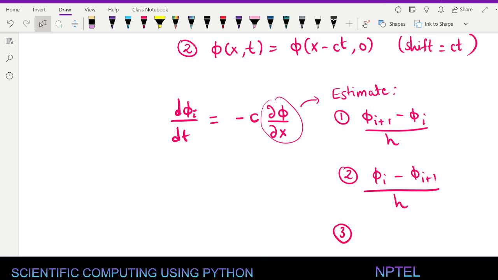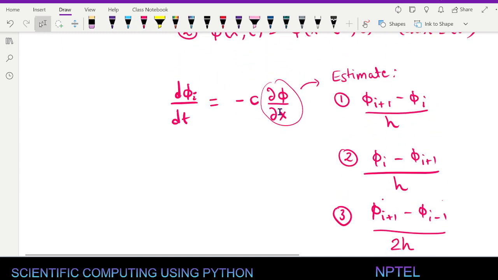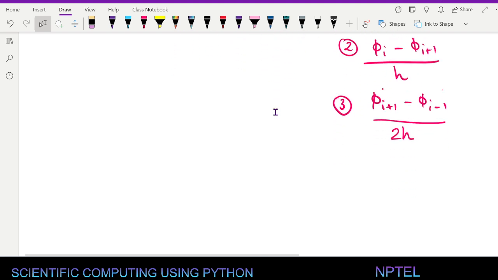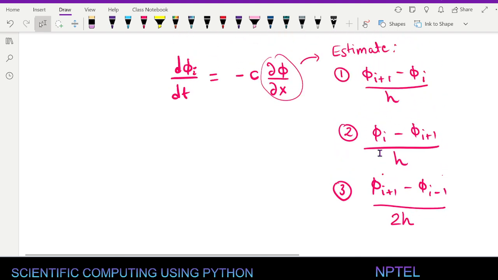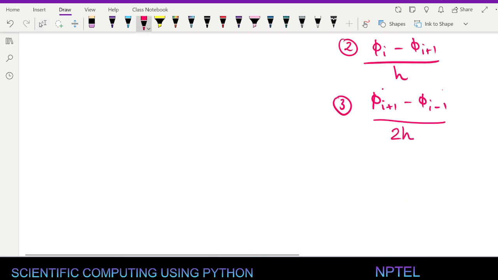Third is look both ways: phi i plus 1 minus phi i minus 1 divided by not h but 2h, because you are looking at i plus 1 minus i minus 1. So the third one is the central difference, this is the forward difference, and this is the backward difference.